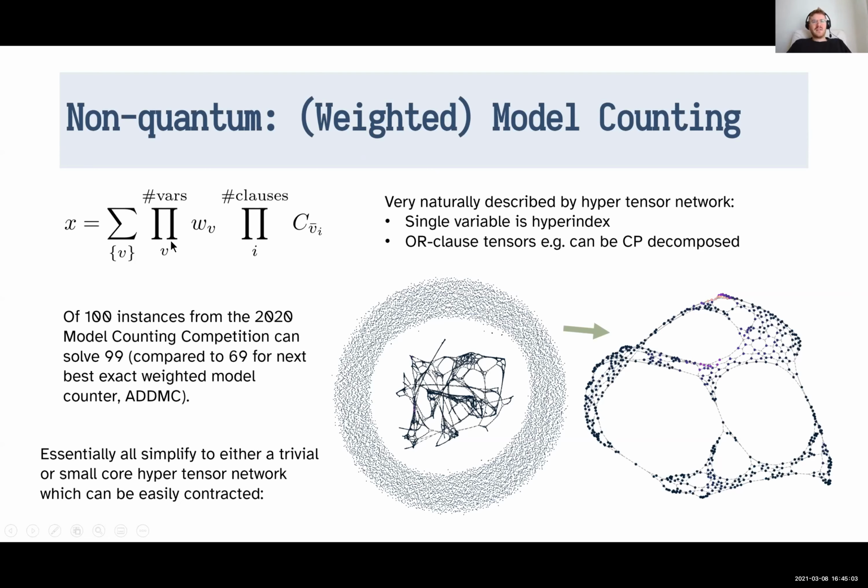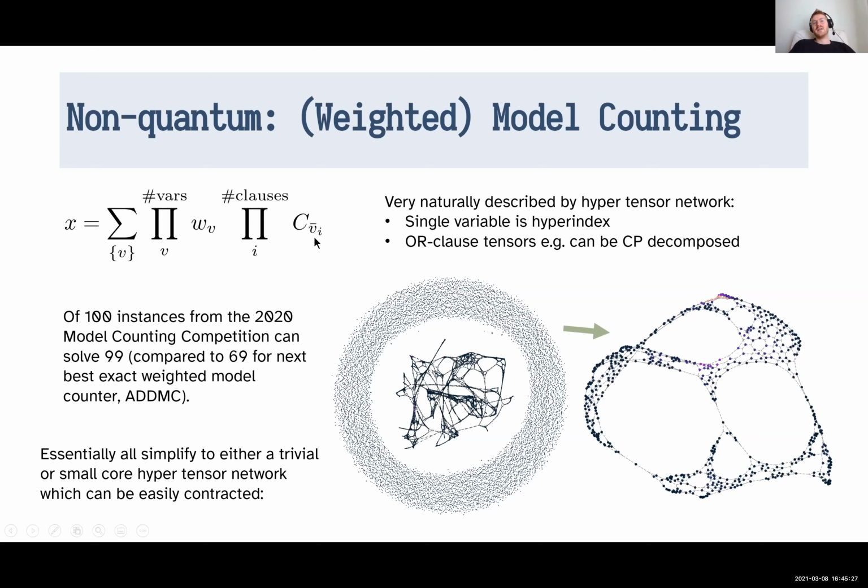So the variables, which are the indexes, can appear in any number of clauses, so it's natural to think about them being hyperindexes. And even the clauses themselves, you can put in many different Boolean functions, but a classic one which makes this problem still sharp-P complete is the OR clause tensor.